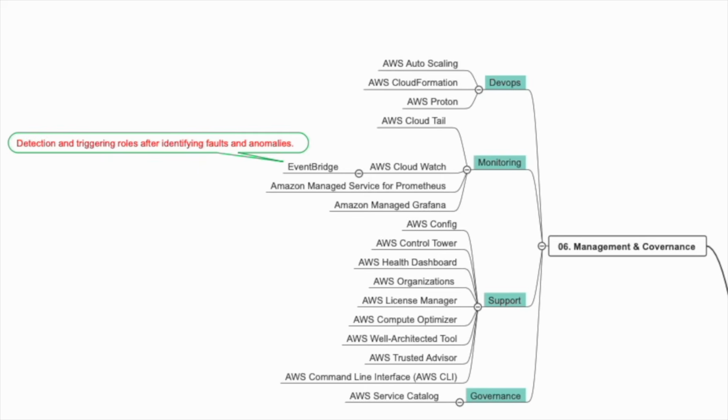The 6th service topic is management and governance. These are services to use the software we designed well. After we design the software, there are services related to deployment business to automate distribution. These are services that need to be monitored to see if they are being used well. And in AWS, there are support systems.